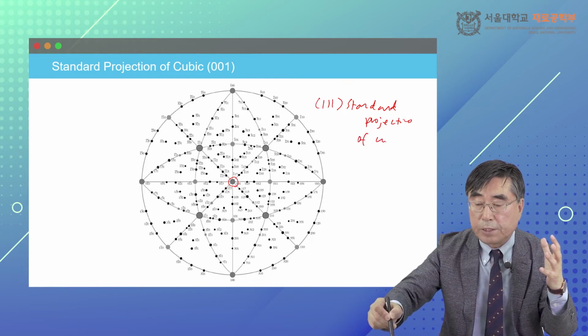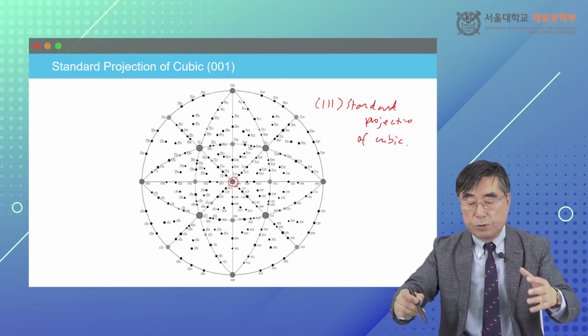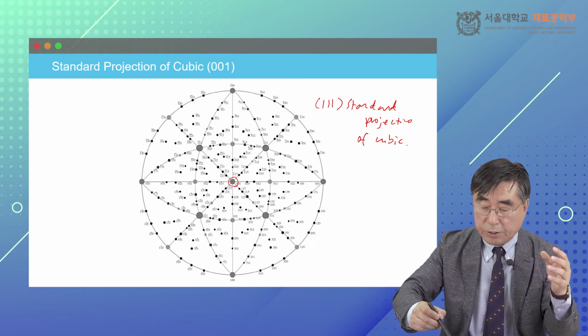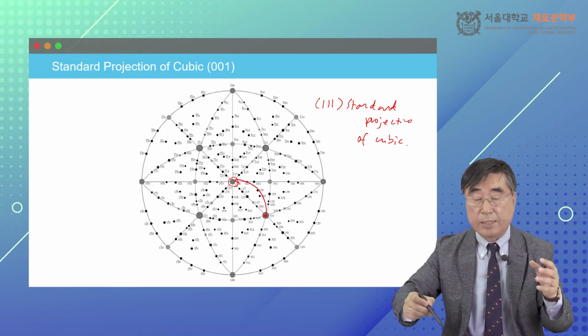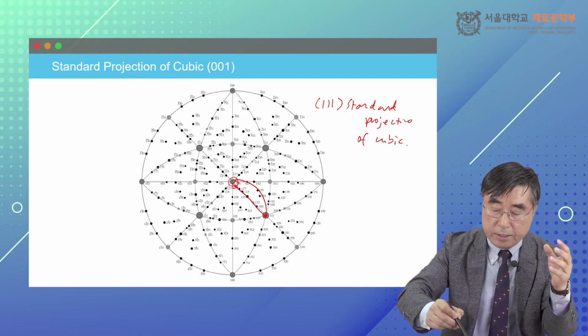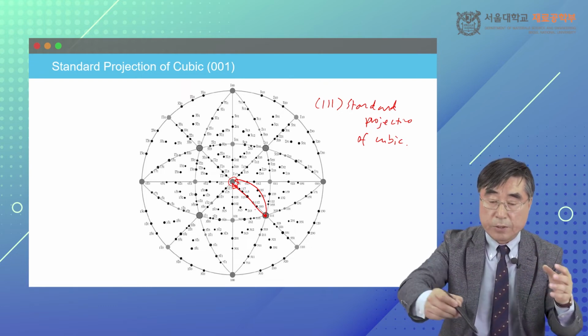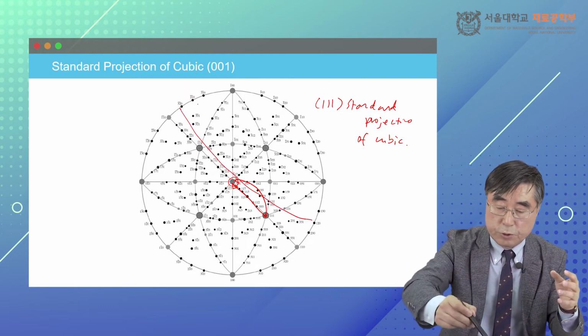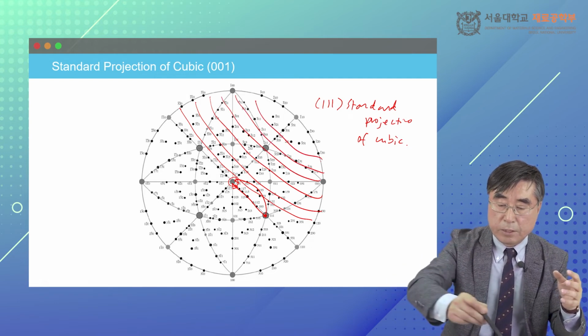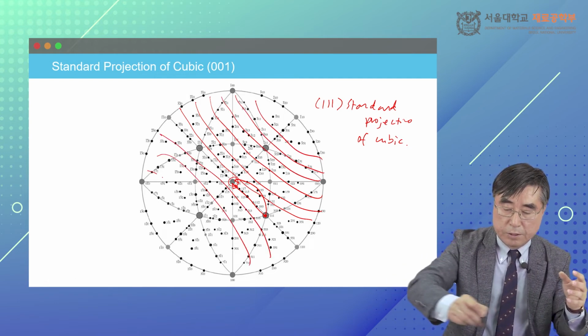of cubic, what you do is, from the previous slide, I want to move this 111 pole to these vertical lines. So this 111 pole should rotate by this angle in these directions. Then you can put your Wulff net, part of the small circles, in here.